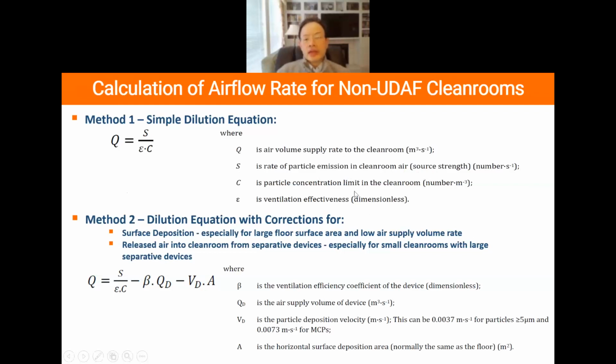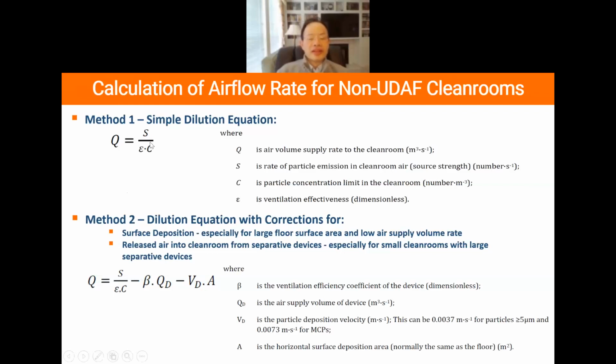C is the concentration limit. If you have ISO 7 or 8, you have a maximum concentration threshold. And epsilon or alpha is the ventilation effectiveness.